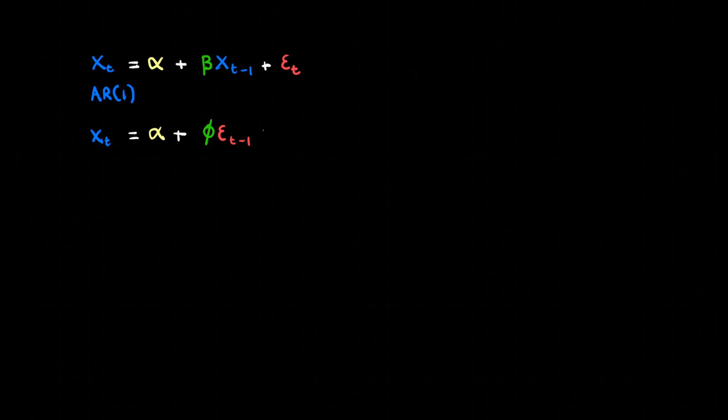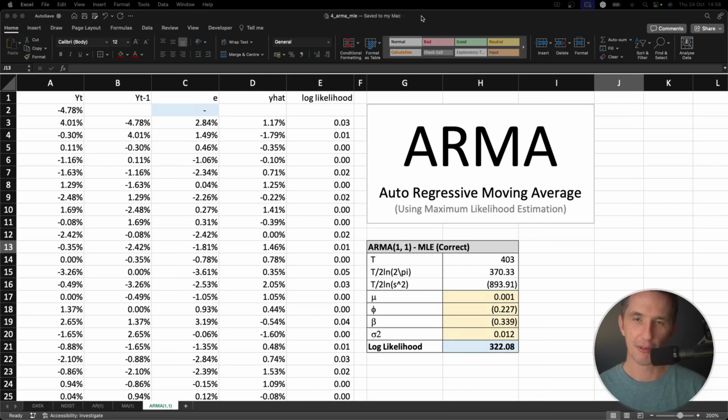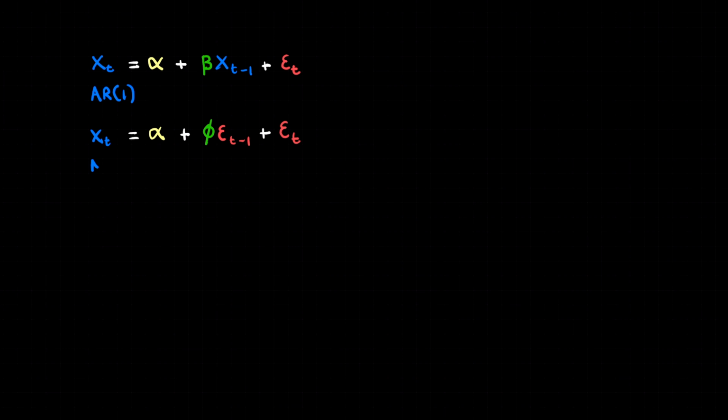And that will be a proportion of the prior period's market shock, so epsilon sub t minus 1. And so that will be our new forecasting process, plus there'll be some new epsilon sub t, because we'll have market shocks or errors from our predicted value versus what actually happened. This is called an MA, or a moving average model, and this is of order 1. So it's an MA1 process that we're modeling here.